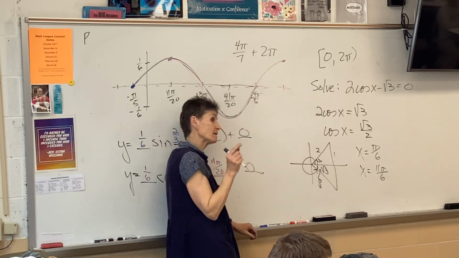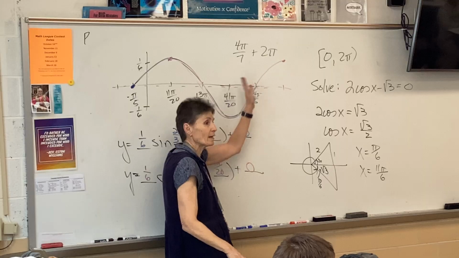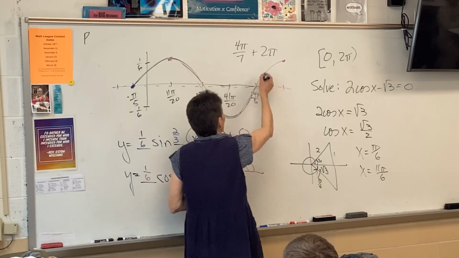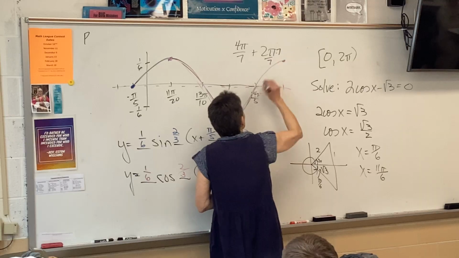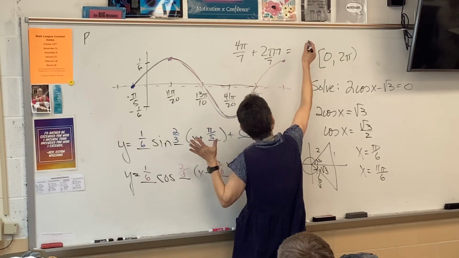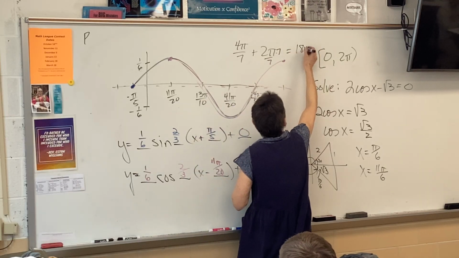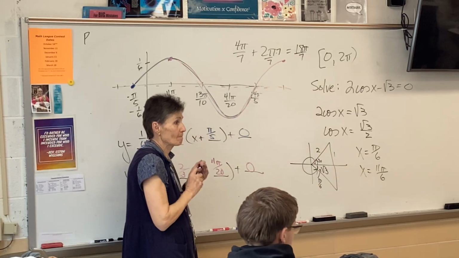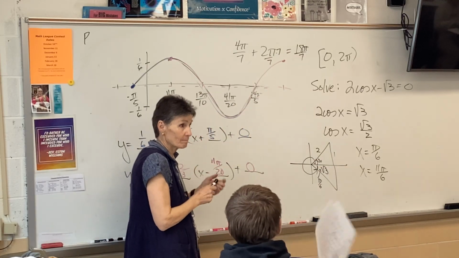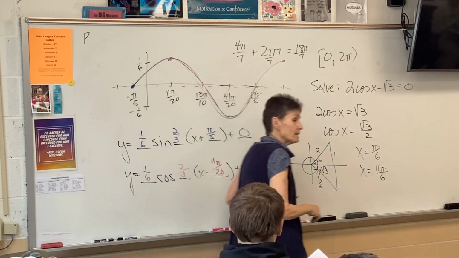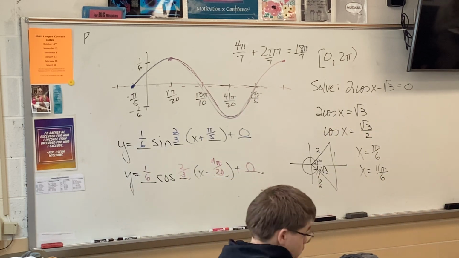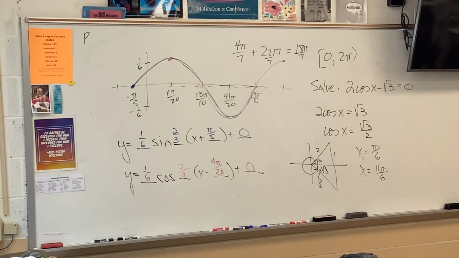Now, if it says find a positive one, you'll want to add 2 pi. And when I add, I get a common denominator. So one possible answer would be 18 pi over 7. Right? Yeah. If we were in degrees, we wouldn't add 2 pi, we would add 360.